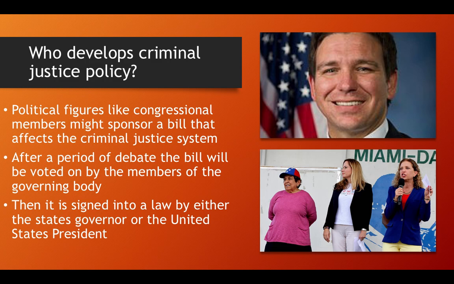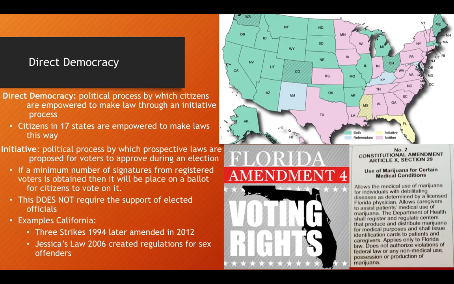So aside from lawmakers and the executive branches of states and the federal government, we have what's called direct democracy, and this is when individuals, all of you and myself, can actually be the ones voting for the laws. So this is a process in which citizens are empowered to make law through an initiative process, and there's 17 states that allow you to do it this way.